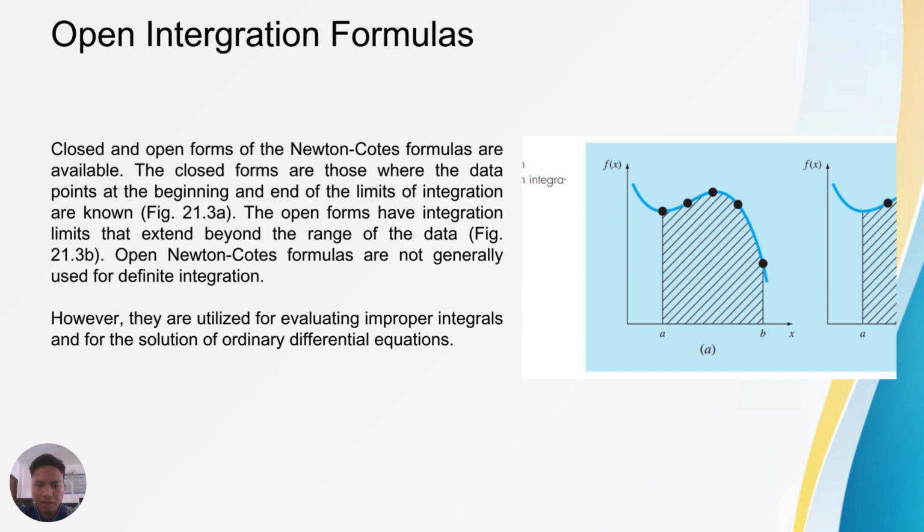So the other graph is the open forms. The limit there is not starting at the beginning of the data or the shape. It's not in the beginning, but in the middle, or in general, not in the beginning for the open forms.